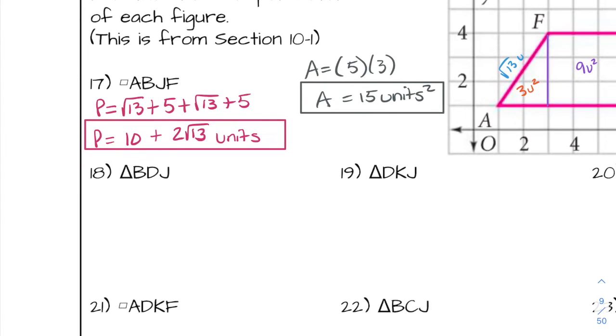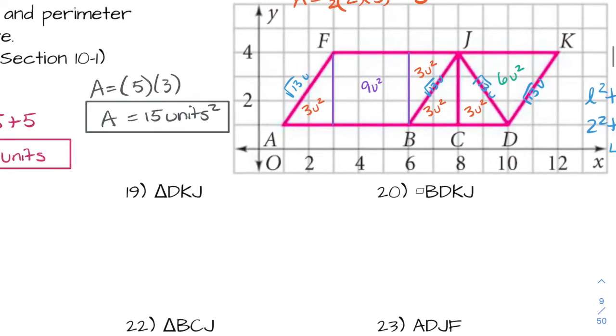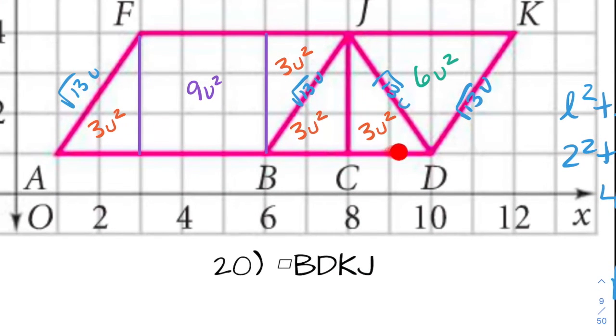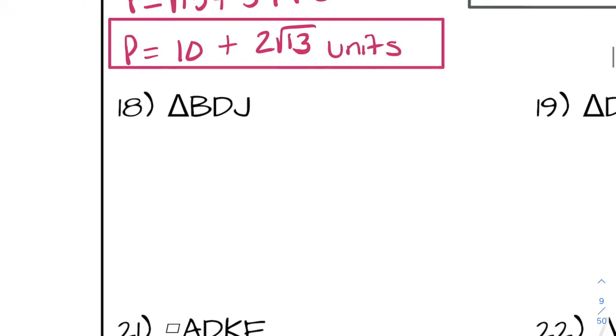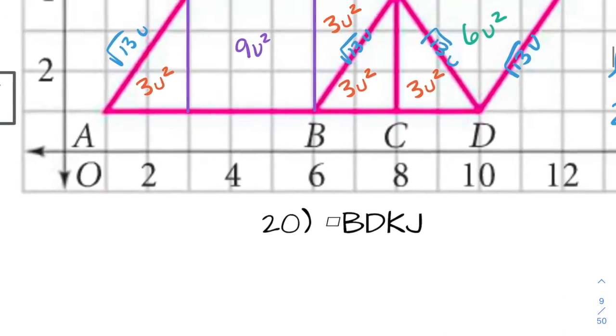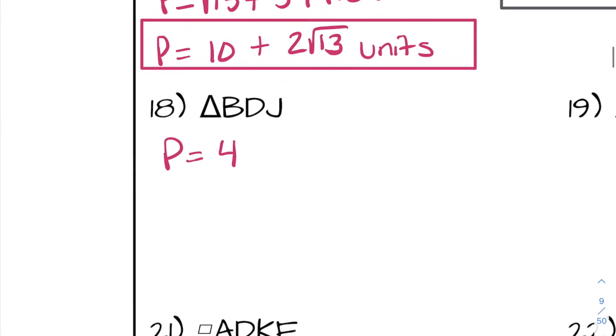The next one, BDJ, is a triangle. So BDJ is this triangle here. Okay. So it's 4 plus the square root of 13 plus the square root of 13. So without showing my work, because I don't have much room, it's 4 plus 2 square roots of 13 units.